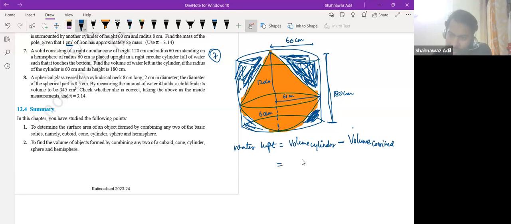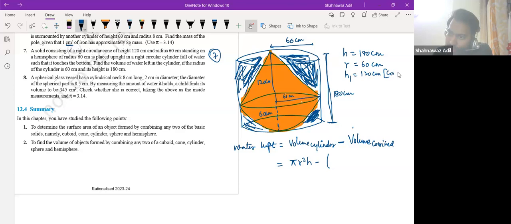So the volume of the cylinder is pi r square h minus, because this h is the same, so I will write it as h, right? So h is 180 centimeter, r is 60 centimeter, right? And h1 is the height of the cone. So this is 120 centimeter.